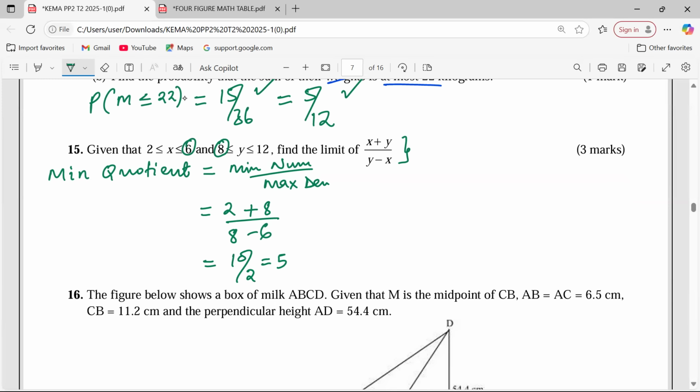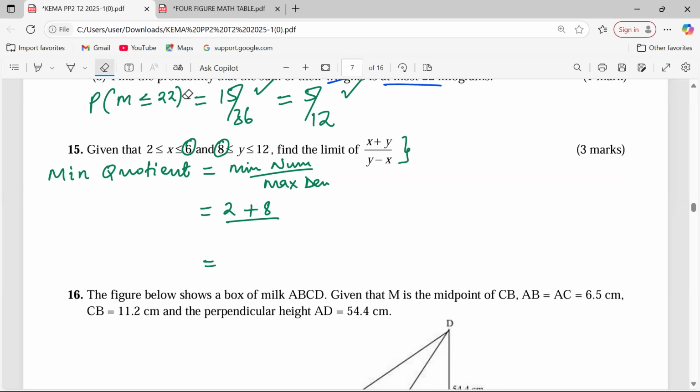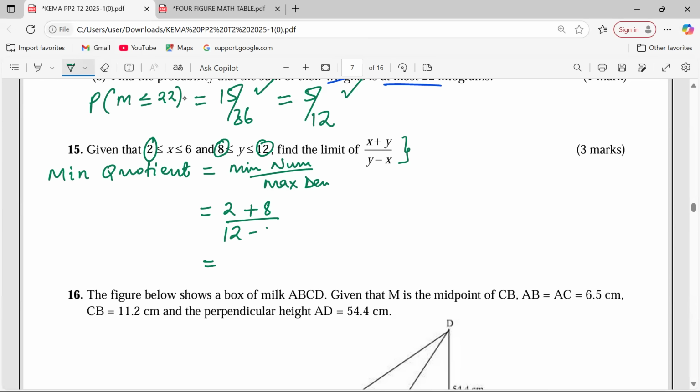For me to get the maximum difference, I think I've not picked well. I need the biggest value, but I subtract the smallest value on the other side. So the biggest value of y, but I subtract the smallest from x for the difference to be so big. I hope that language is being understood.